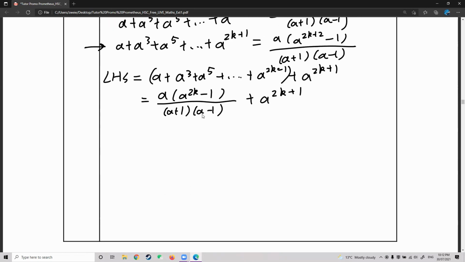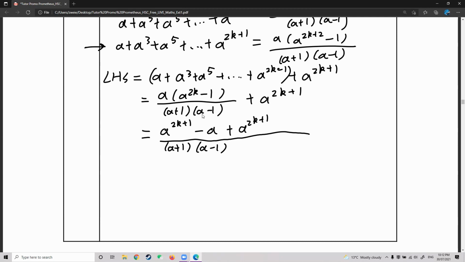Now make a common denominator as well as expanding. So I get a_{2k+1} minus a, and making the common denominator a plus 1, a minus 1, what I will get is a_{2k+1} times a plus 1, or a squared.